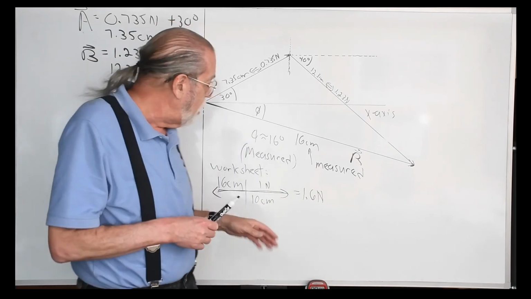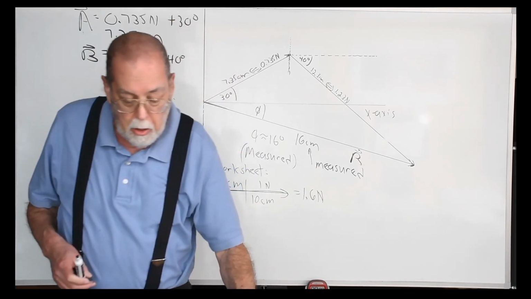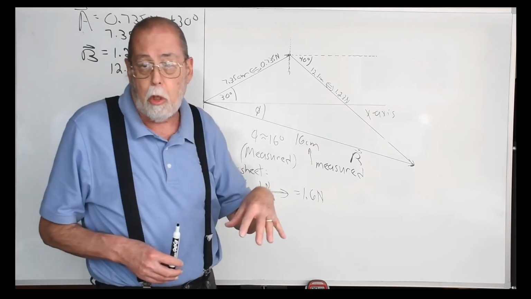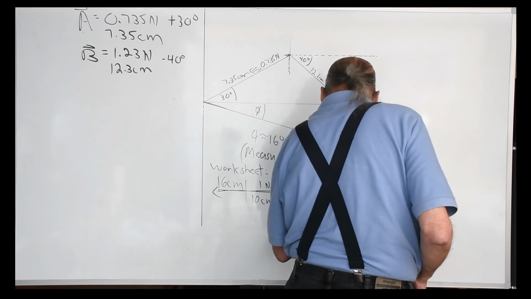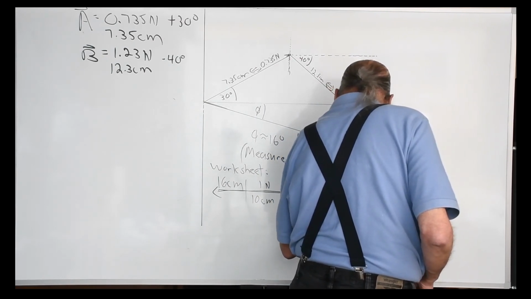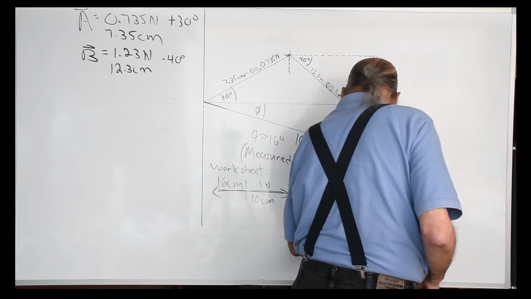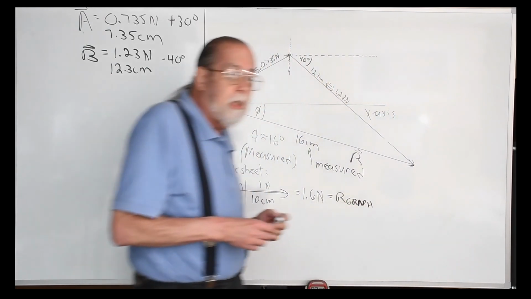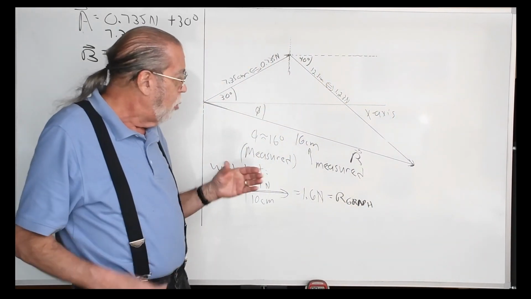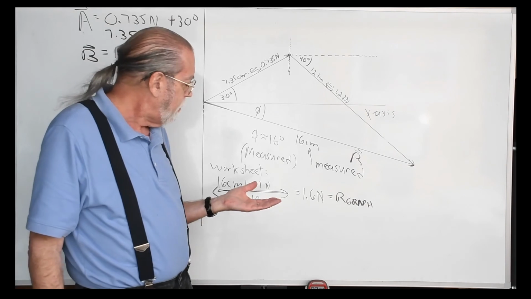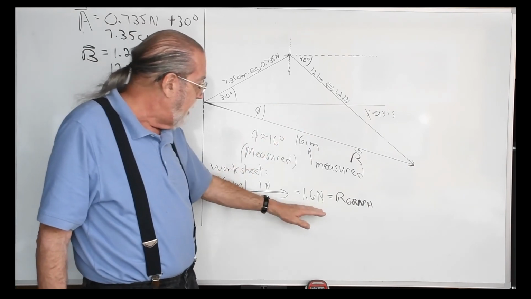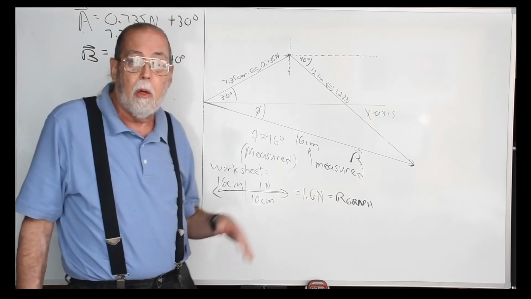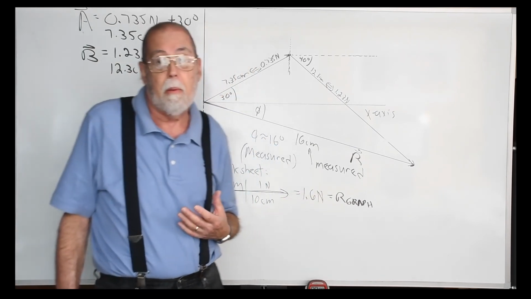And then I ask you to calculate on the graph or on the worksheet, what is the percent difference? This is our graph. So the question is, within experimental error and drawing error, obviously, is this about the same as what you get with the component method?